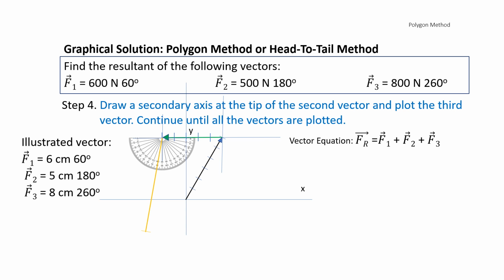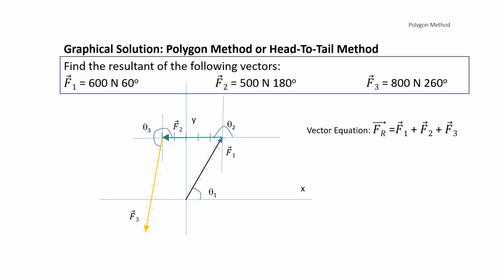Draw a line. On this line, measure the length of the third vector. Should there be a fourth vector or more, continue the process until all the vectors are plotted.